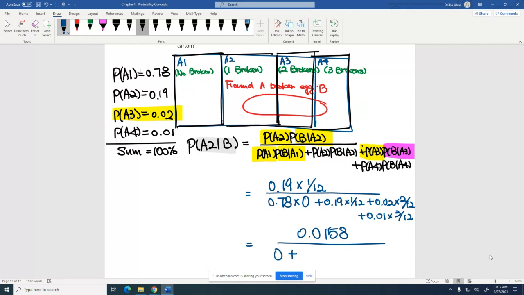And the second one is the same as the numerator, 0.0158. And the next one is 0.02 times 2 over 12. I have 0.0033. And the last one will be 0.0025.